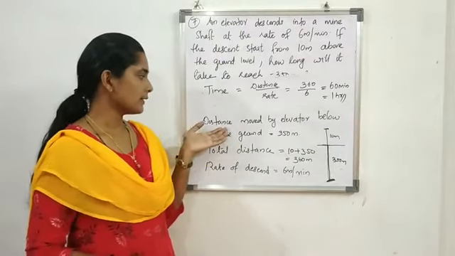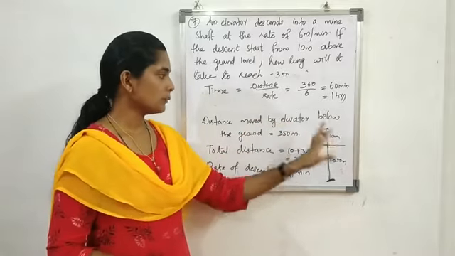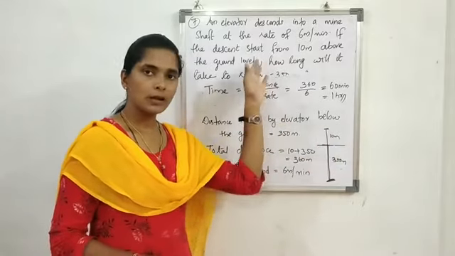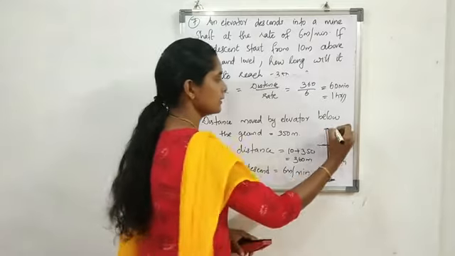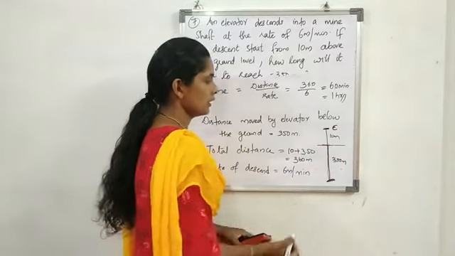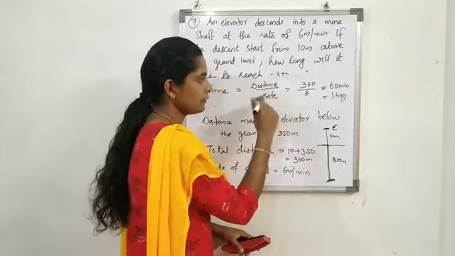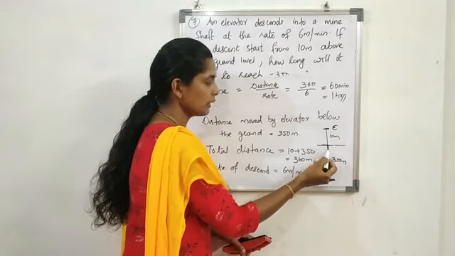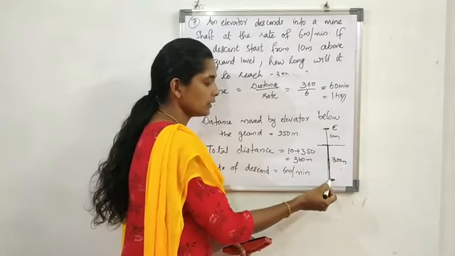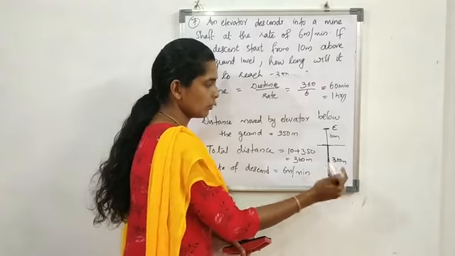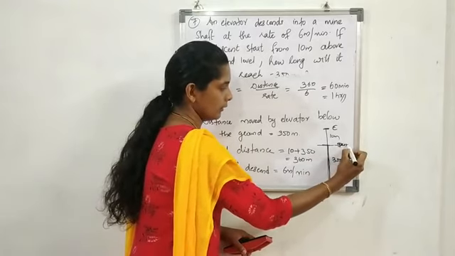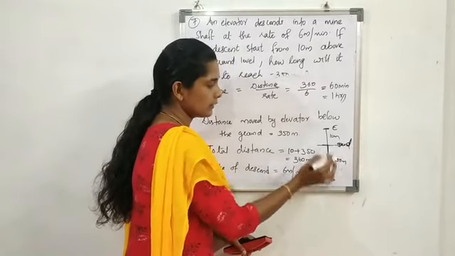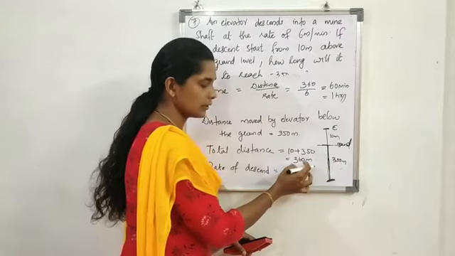Okay, understand, distance moved by the elevator. The current position is 10 meter above the ground level. Here is the elevator, the first starting position. From here, after that, it will move 350 meter below the ground level. This is the ground level. Then the total distance is 10 plus 350, 360 meters.